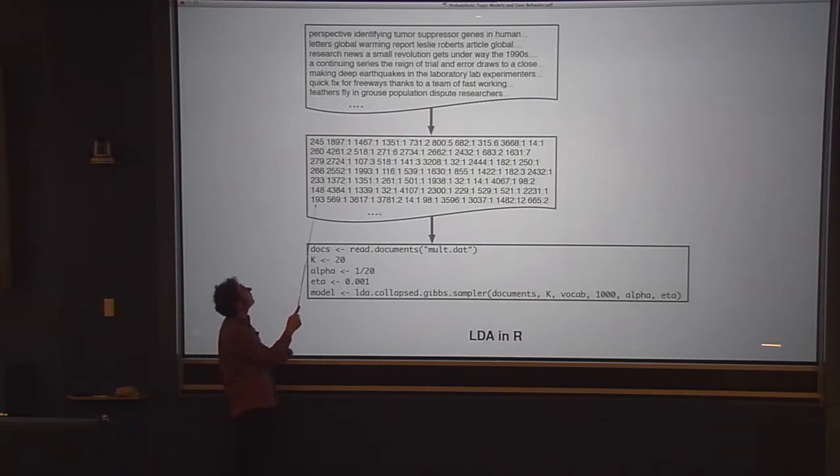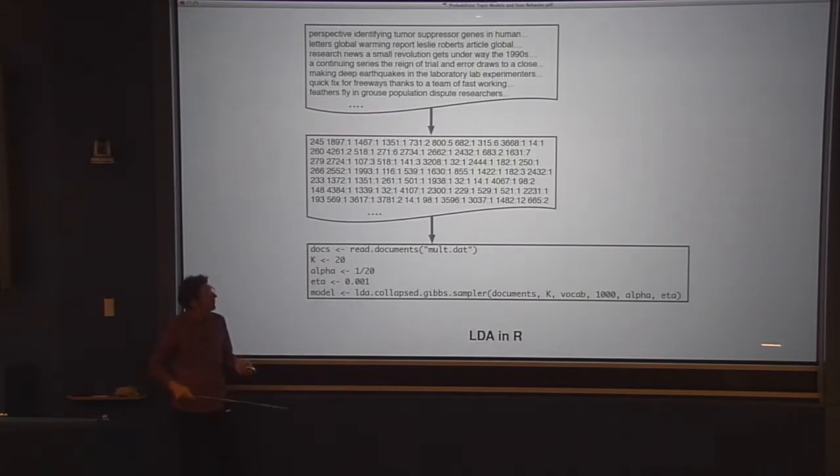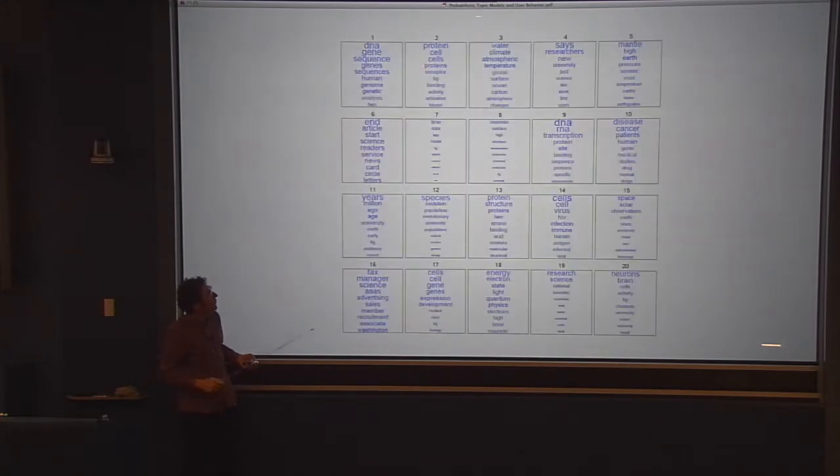And this is just a sparse vector that says that in this document, there are 193 unique terms. Term number 569, maybe it's feathers, occurs one time, and so on. Then with 5 lines of R, this was done with the science articles, in 20 minutes or less, you can look at what was in those articles. So here are the 20 topics that we learned from those 5 lines of R.